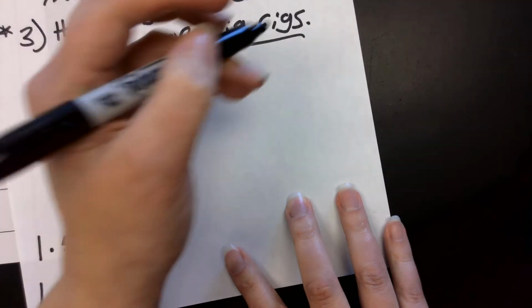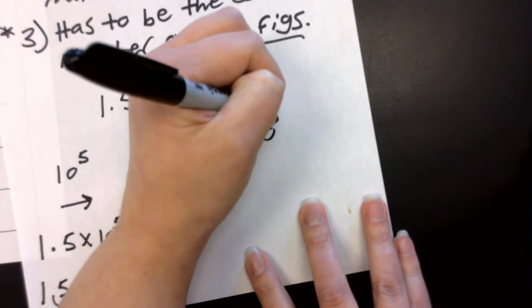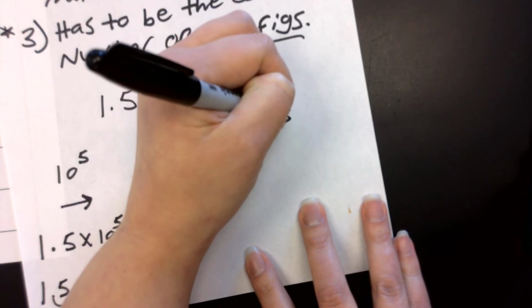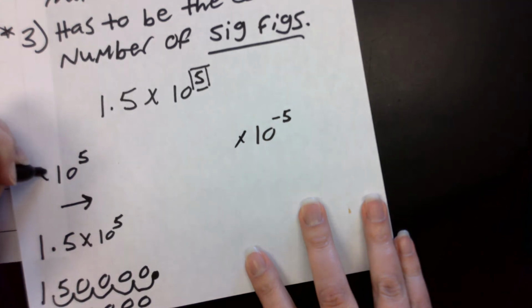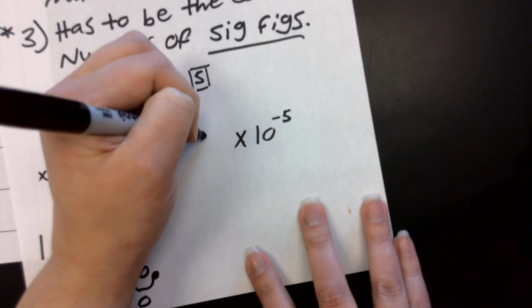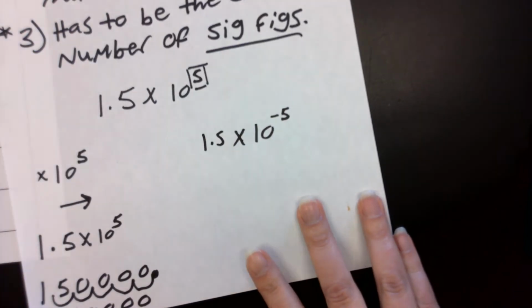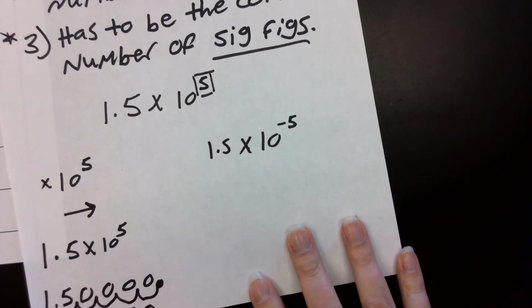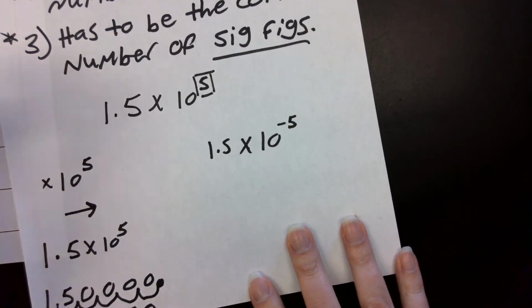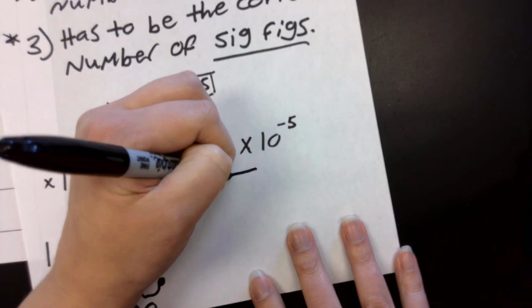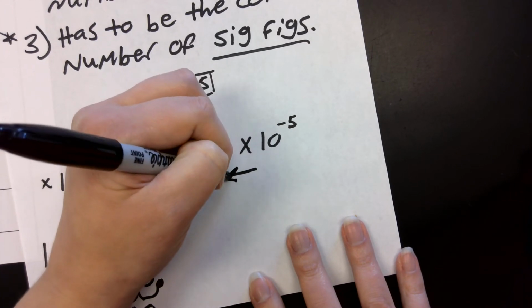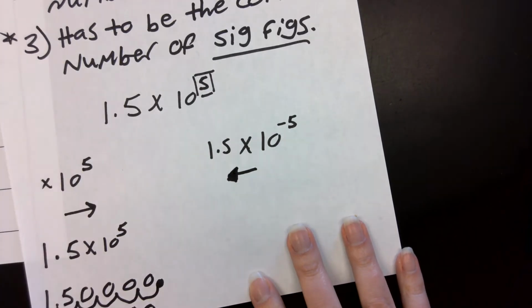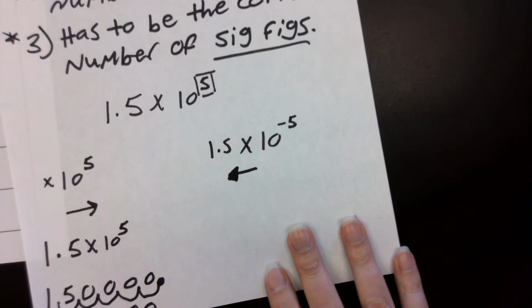However, if it is a negative number, like 1.5 times 10 to the negative 5th, this means that your number is getting smaller into the decimals, and so you are going to be moving your decimal point to the left so that it gets smaller.